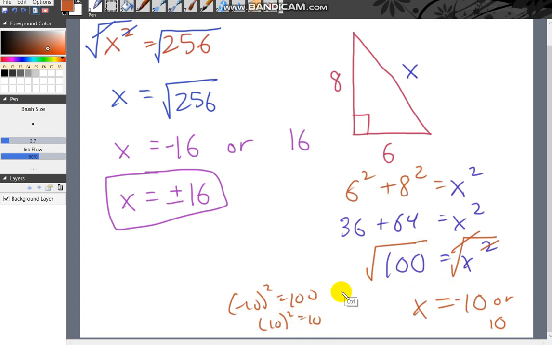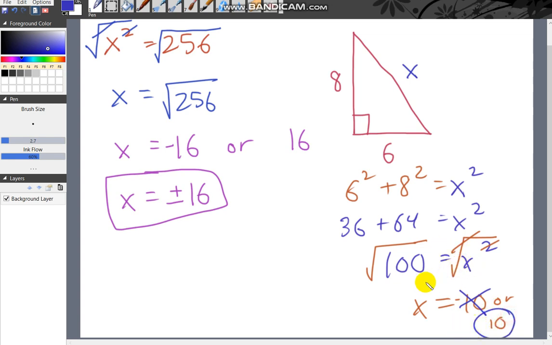But the problem here is that when we're considering lengths of a triangle, lengths can't be negative. You can't have a negative length; you would only have a positive length. So that's why in the past, if you've learned this in a different class, maybe Mr. Cam's class or Mr. Hashi's class or Mr. Sabato's class or your 8th grade teacher, you would just disregard the negative length and only consider the positive one.